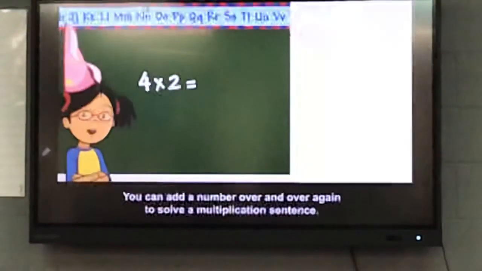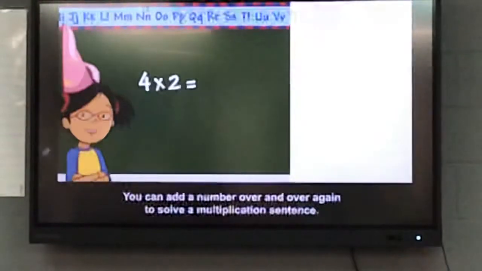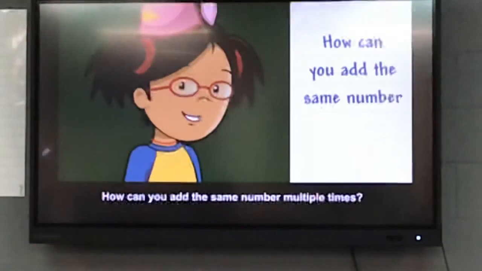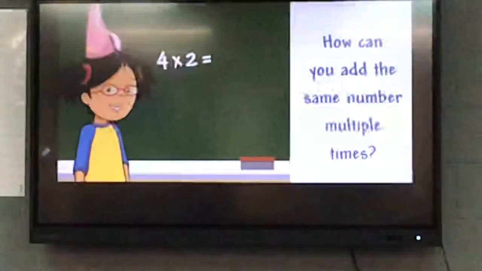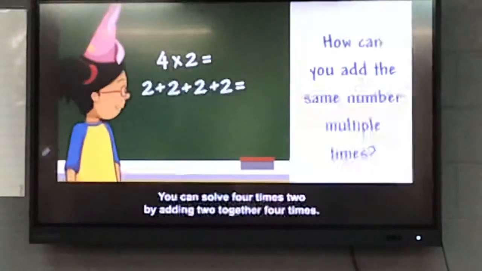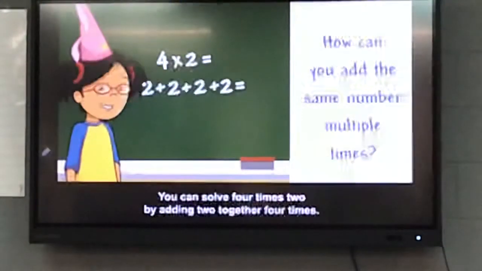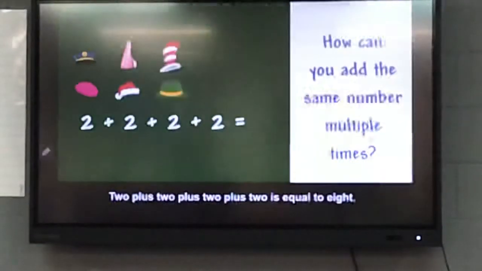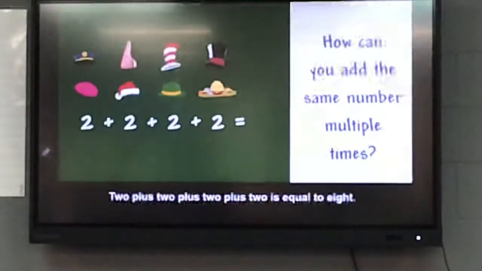You can add a number over and over again to solve a multiplication sentence. How can you add the same number multiple times? You can solve 4 times 2 by adding 2 together 4 times. 2 plus 2 plus 2 plus 2 is equal to 8.